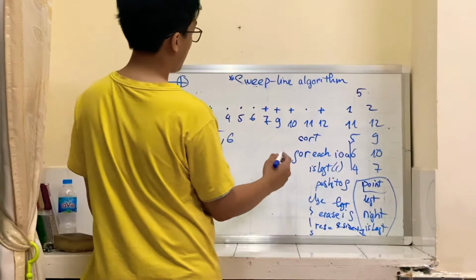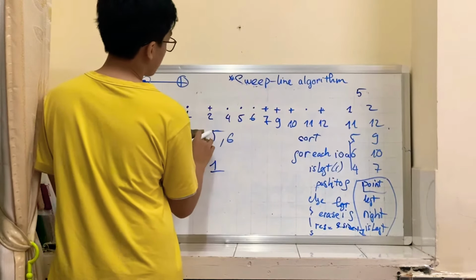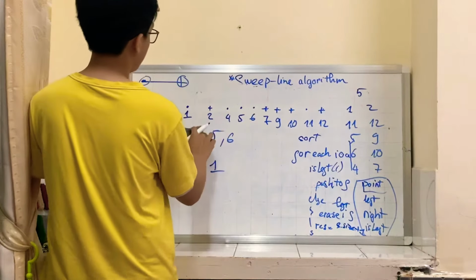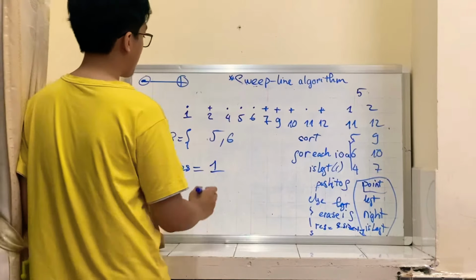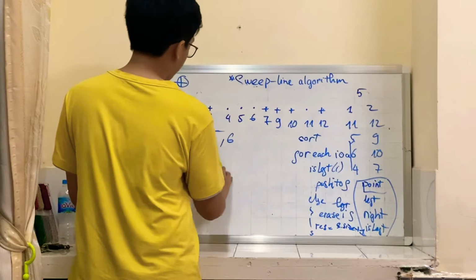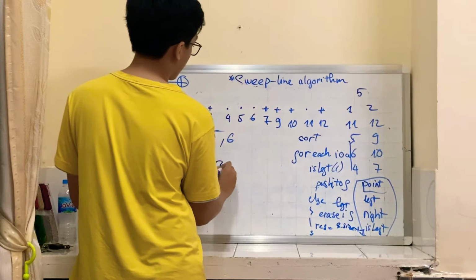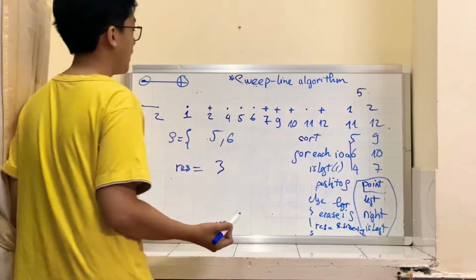So for 7, we delete the left of 7, which is 4. So the set size remains 2. We maximize the result with the set size, 2 plus 1 is 3.